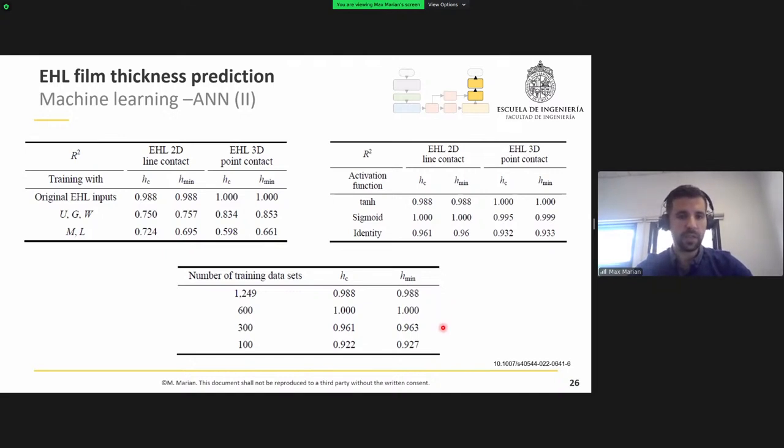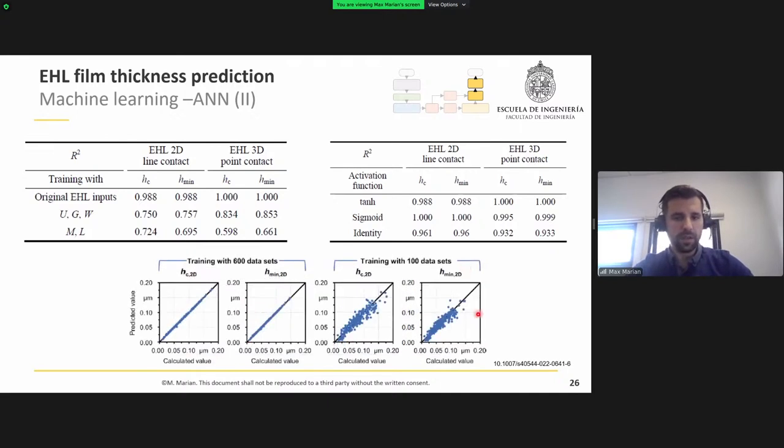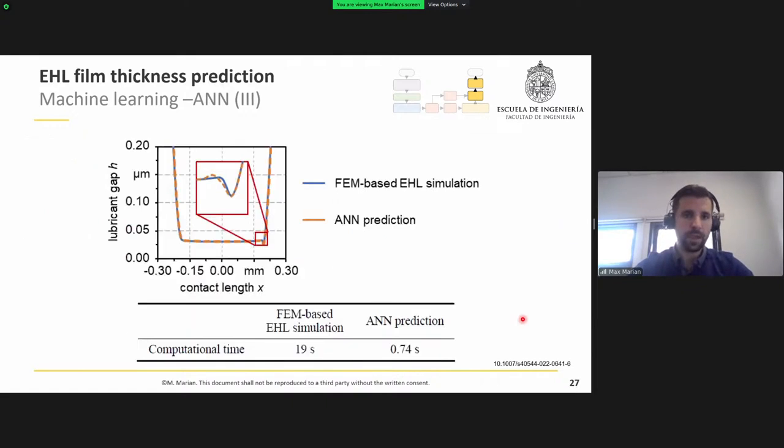And we can see that for 300 and 100 data sets, the R-square values decreased. The deterioration of the prediction quality can also be seen here in the graphs of the predicted versus the calculated value. Here we have the training data set with 1,200, then training with 600 training data sets, and training with 100 data sets.